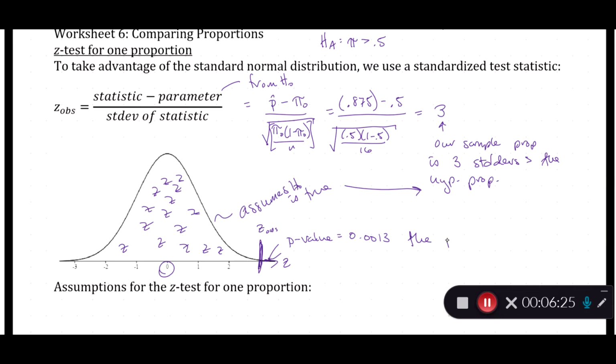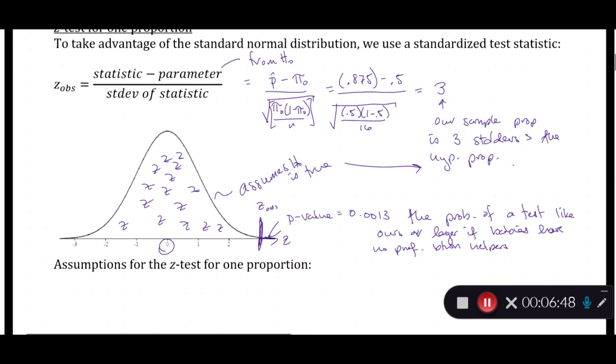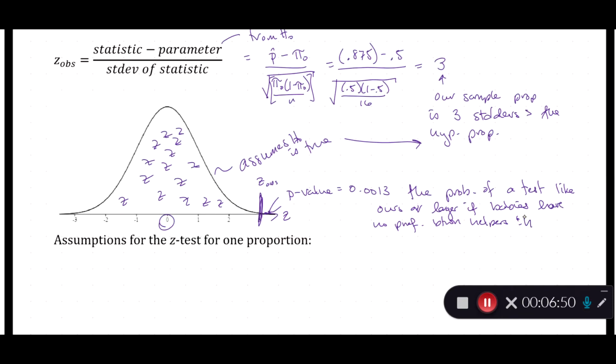So that is the probability of a test statistic like ours or larger, if babies really have no preference between helpers and hinderers, is 0.0013.